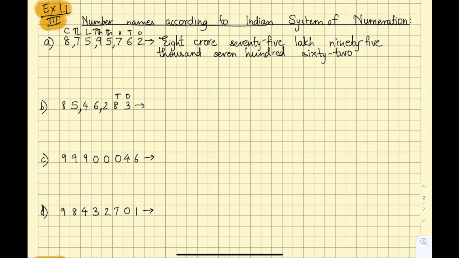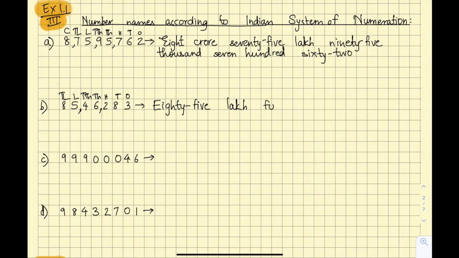Now again we group into 3, 2, and it is already done 2. Again we quickly write ones, tens, hundreds, thousands, 10,000, lakh, 10 lakh. This writing will make your job very, very simple. So here we see in the group of lakhs we have 85. So we write it as 85 lakh. Then you see in thousands group you have 4 and 6.